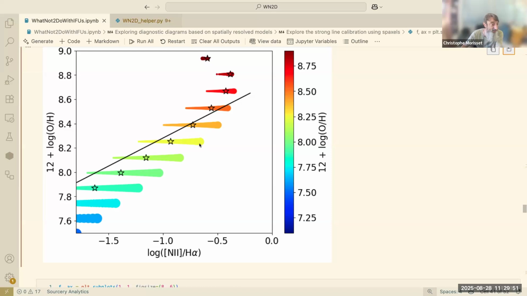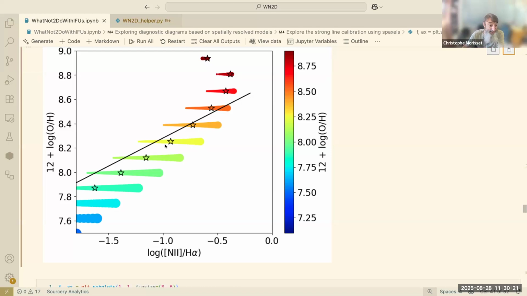It has nothing to do with abundances. This one here is one model with one single, homogeneous abundance. The apparent abundance gradient is just due to the fact that you are using an integrated-based calibrated abundance determination, and it cannot be used at all for individual spaxels.